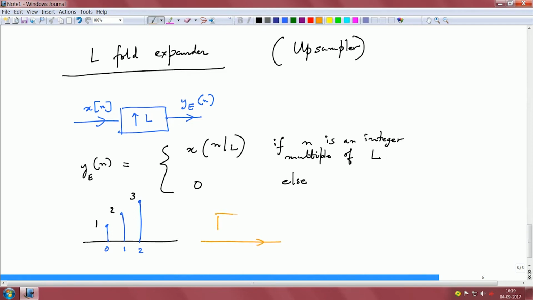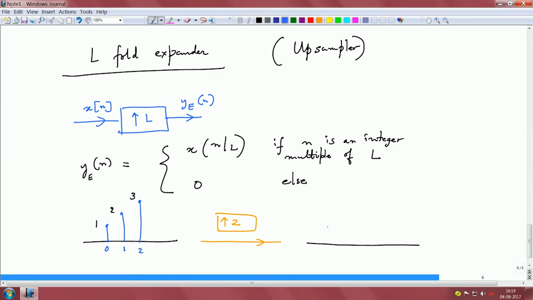And it goes through an expansion by 2. What we do is the following.